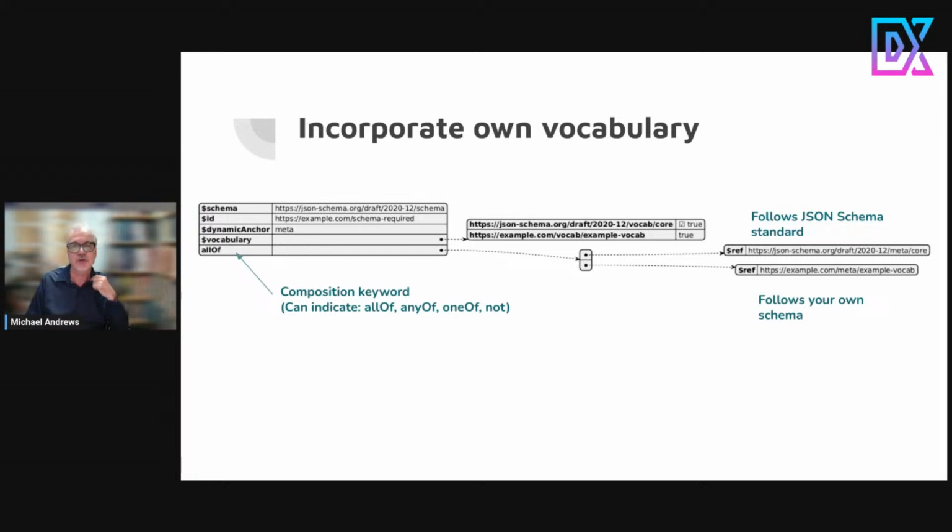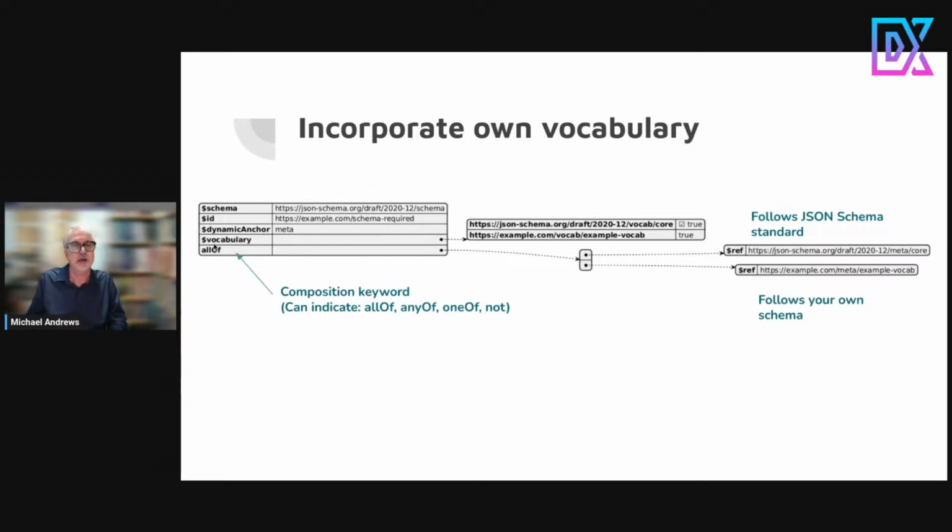So we have two vocabularies here, the JSON Schema core vocabulary and the company's own example.com vocabulary. Both of these things are there. So you can build these and layer them and use which things you need at different times.